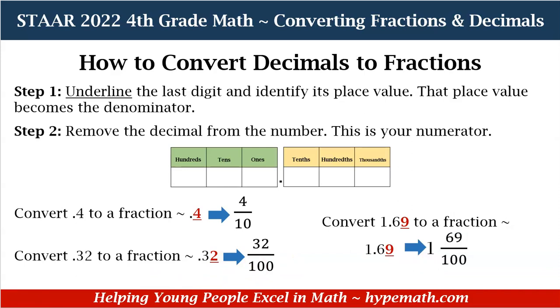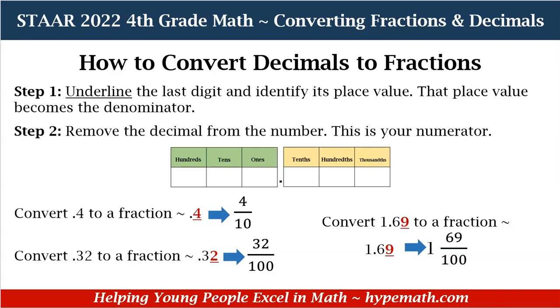Now let's look at our last example. We're going to convert 1.69 to a fraction. So step 1, we are going to underline the last digit, that is the 9. In looking at the place value chart, we see that that is the hundredths place. So 100 is our denominator. We have our whole number 1. Since it's a mixed number, that whole number is going to stay the same.